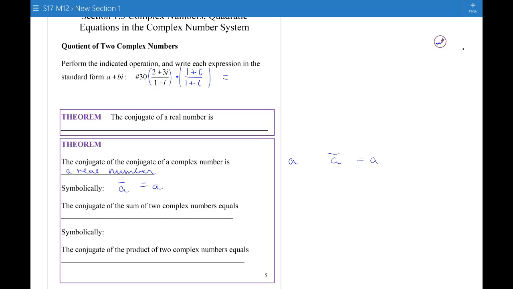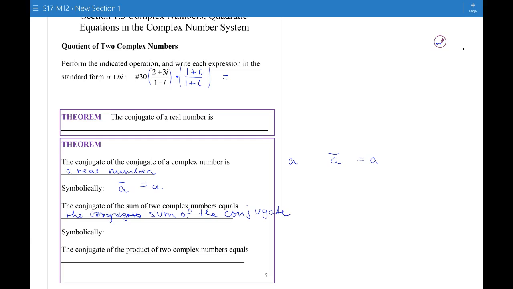So the conjugate of the sum of two complex numbers equals the sum of the conjugates.